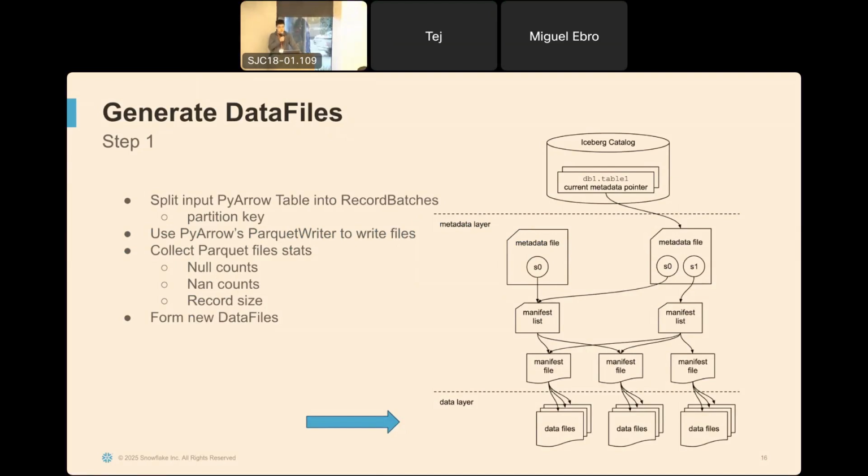And large record batches will also be separated into different pieces so that each record batch will finally match our target file size. And then PyIceberg will use PyArrow's Parquet writer to turn these record batches into Parquet files. And at the same time, we will collect the statistics, such as null counts, record size, min, max. And the stats combined with the Parquet data file will form a list of the new data files.